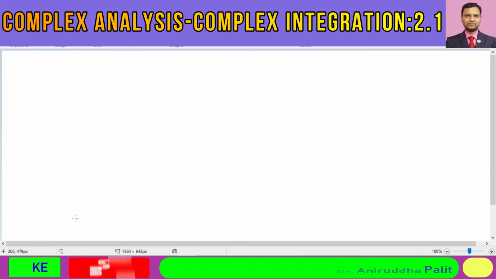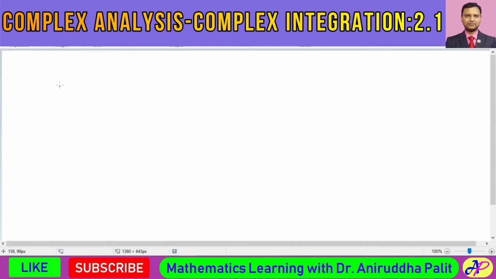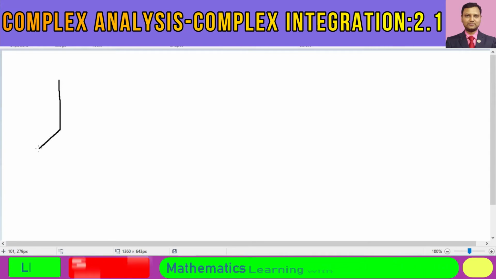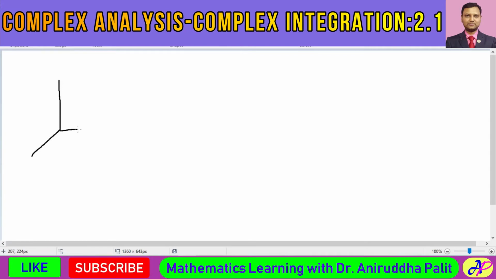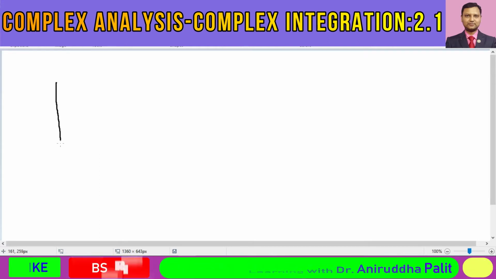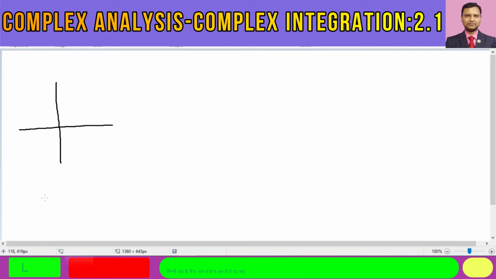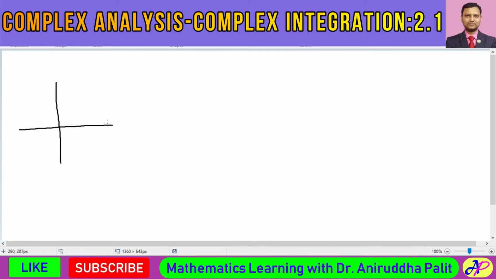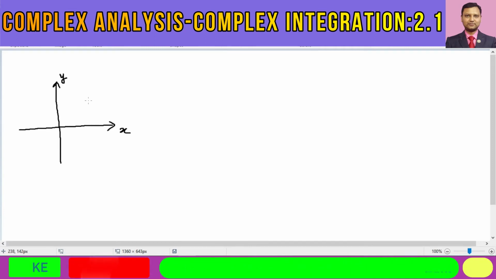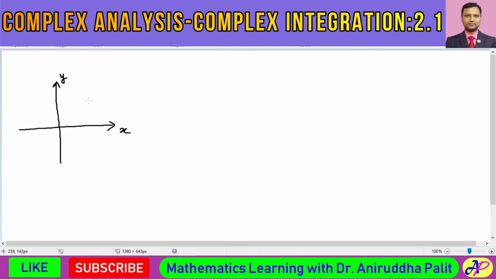Over here, let us discuss a space. Firstly, a two-dimensional space, the Argand plane. If this is the positive x-axis and this is our positive y-axis, then any point on this plane can be considered as a complex number.